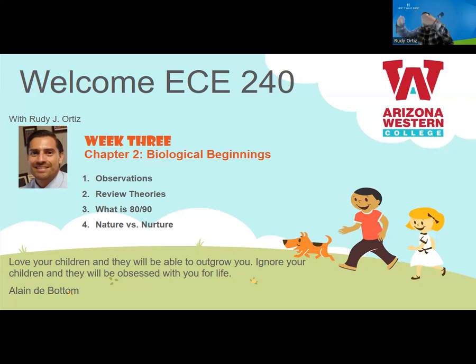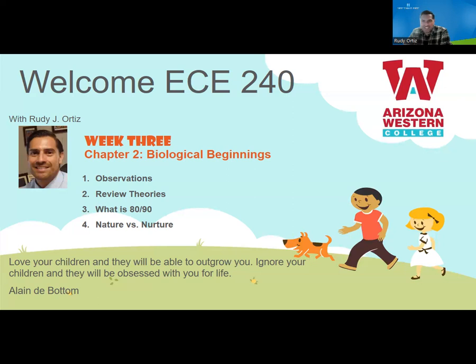Okay? And now I want to connect those theories to the 80-90 rule, right? The importance. Remember that 80% of critical brain development happens by the time a child is age 3, and 90% of critical brain development happens by the time that child is 5 years old.